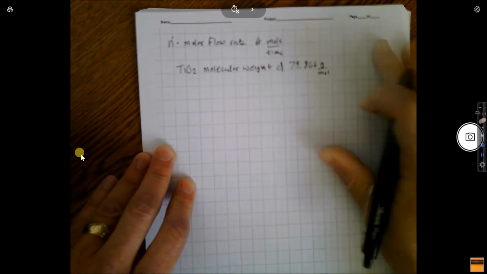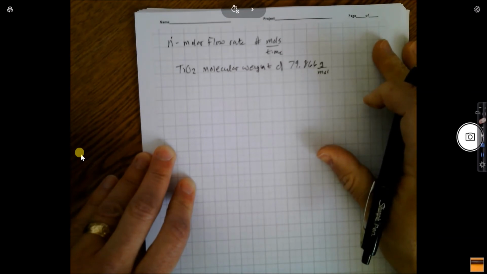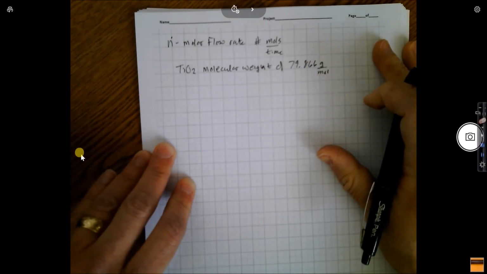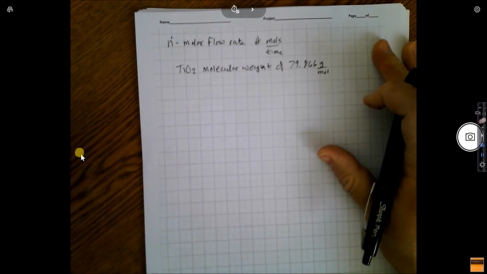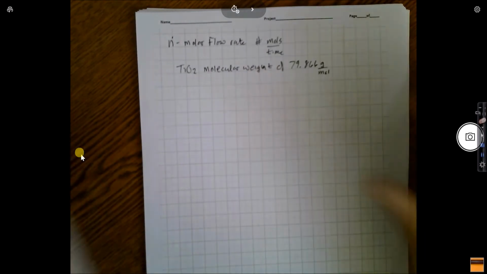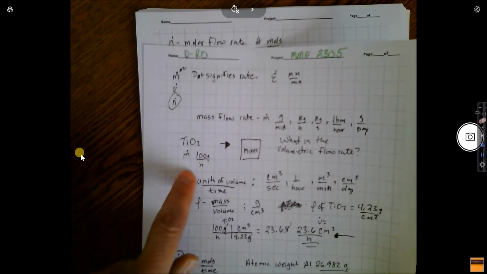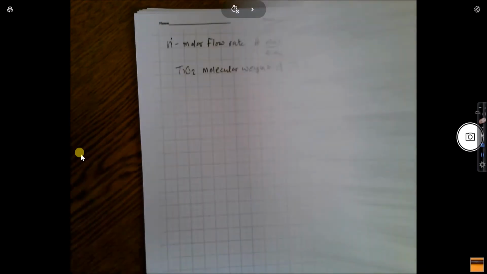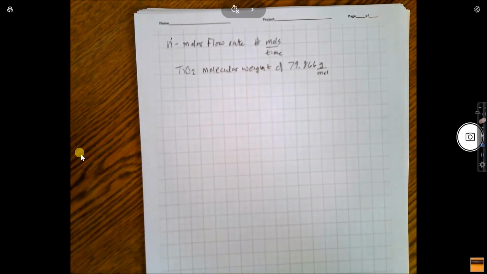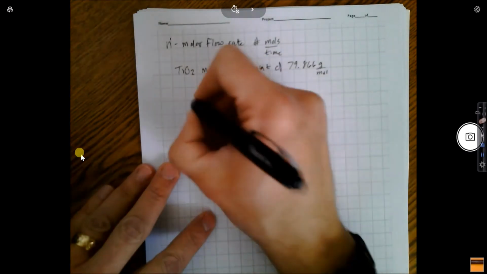Hopefully you can read that. Let's go back to our first problem where we had 100 grams per hour of titanium dioxide going into our paint mixer. We'll recap or redo this.